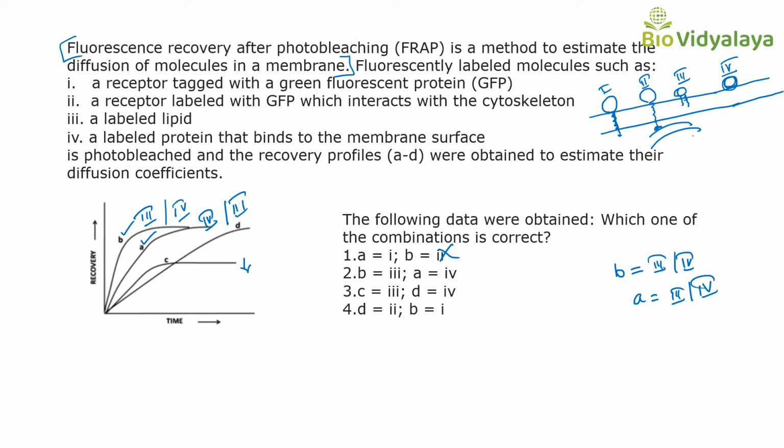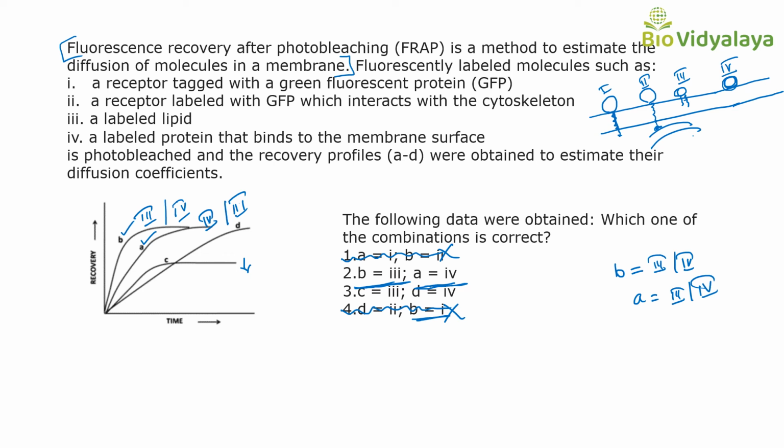Now we are checking options for that. Here A is given 4, so it is possible, and here B is given 3, it is also possible. Here A is not given 3 or 4 and B is given 1, it is also not possible. So we can eliminate option 1 and option 4.